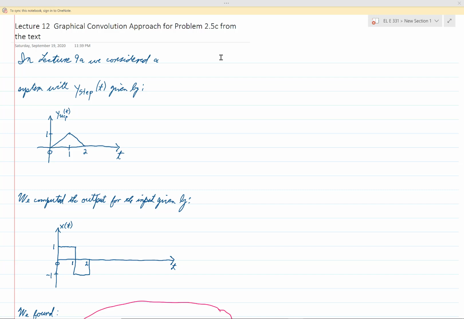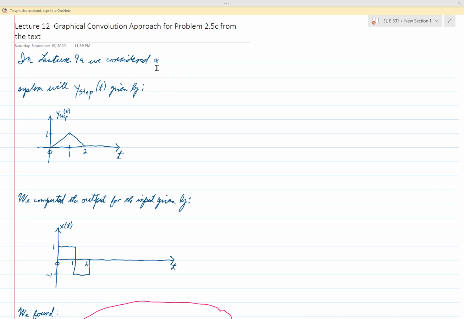Now, if you will look back through your notes, you will find that we already have looked at problem 2.5c. And so let's look at what the problem states and how we solved it at that point.